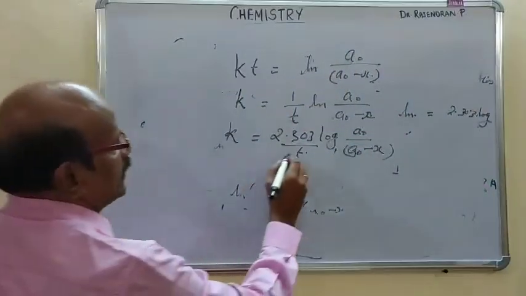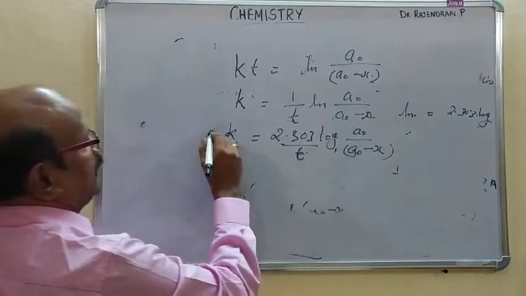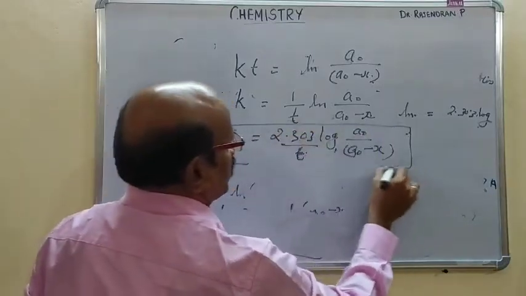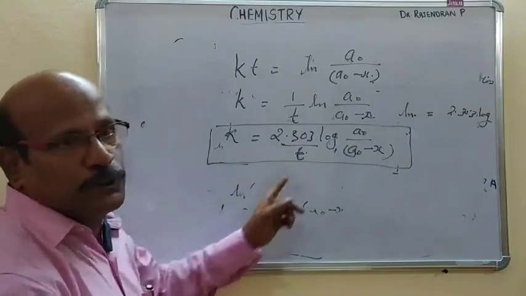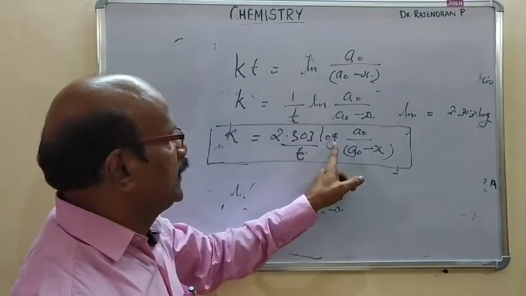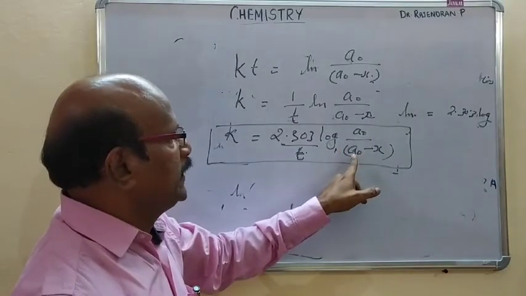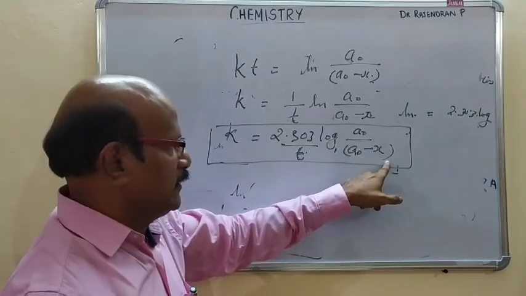So the rate constant k for a first order reaction is equal to 2.303 by t log A0 by A0 minus X.